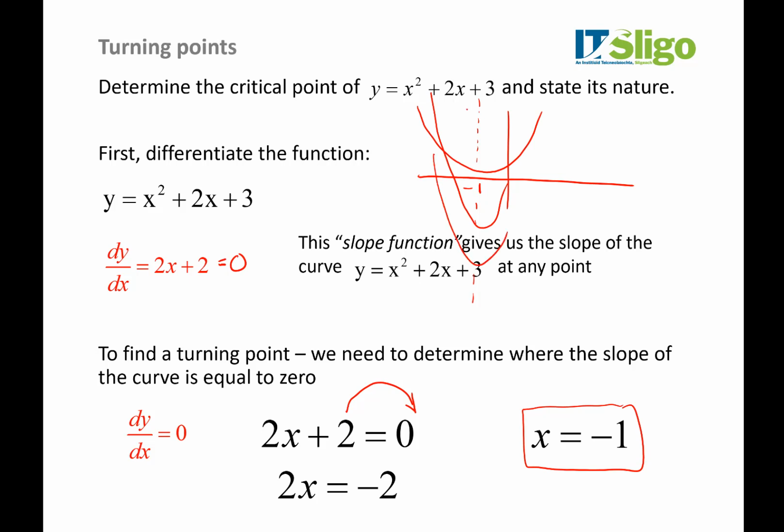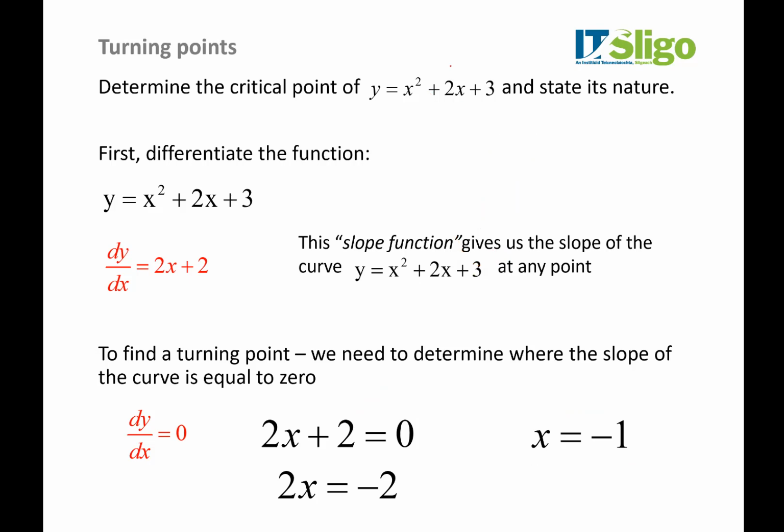But we don't know exactly where yet. We want to find the y location. What's the y coordinate? So to find the y coordinate, we substitute our x value back into the original function because it tells us what y is equal to.